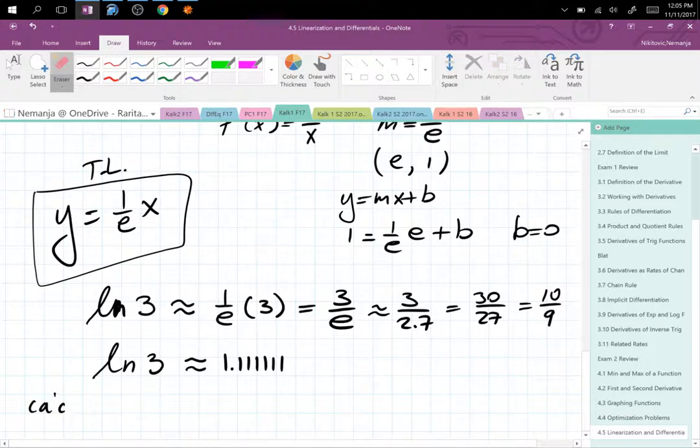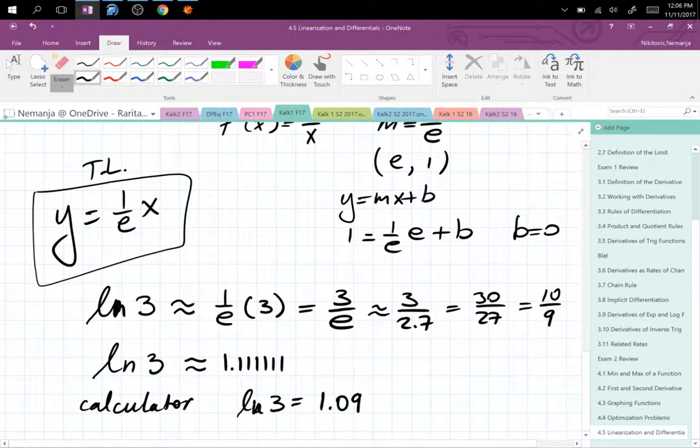What do you get with a calculator? ln 3 is 1.09.